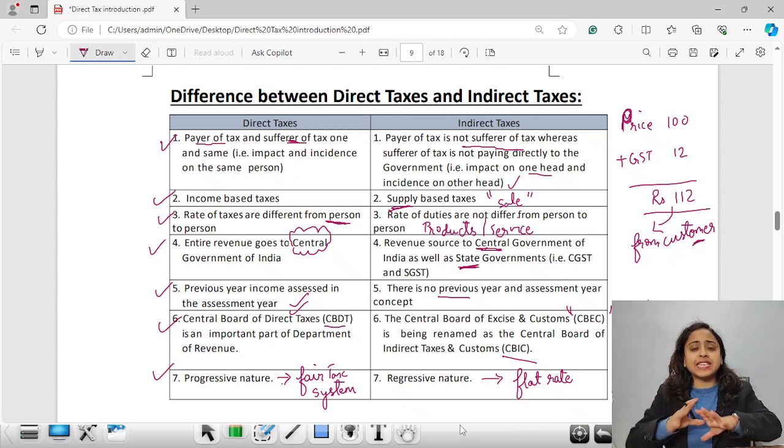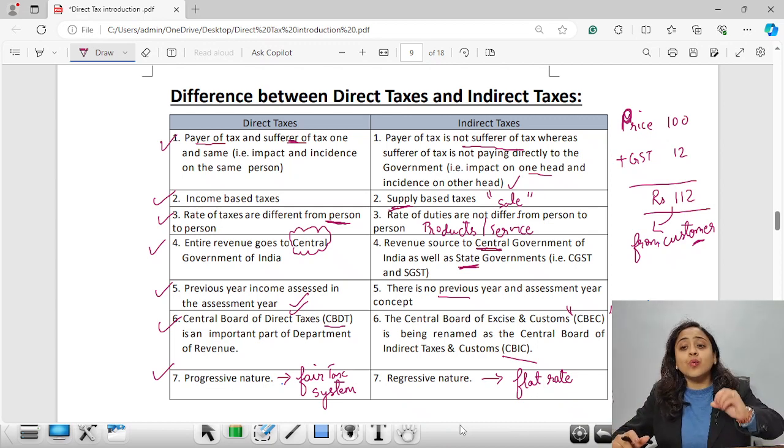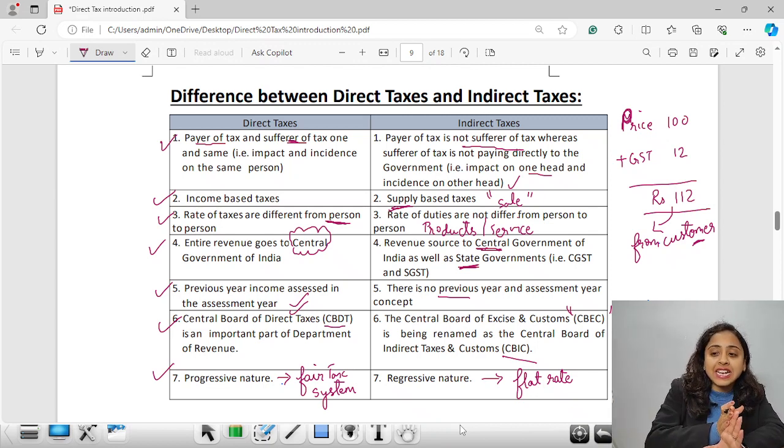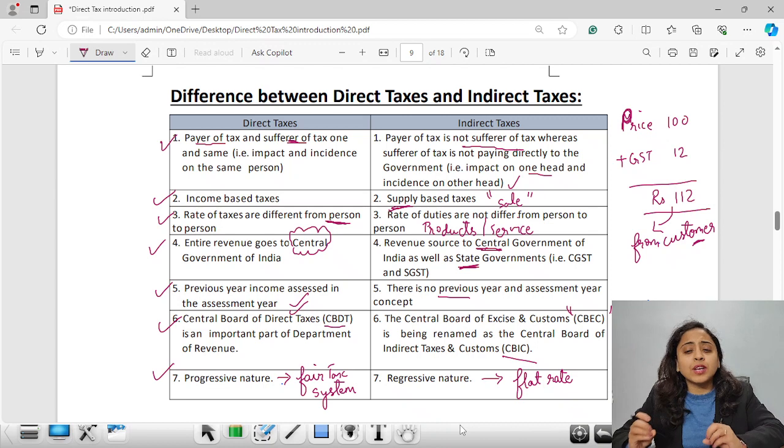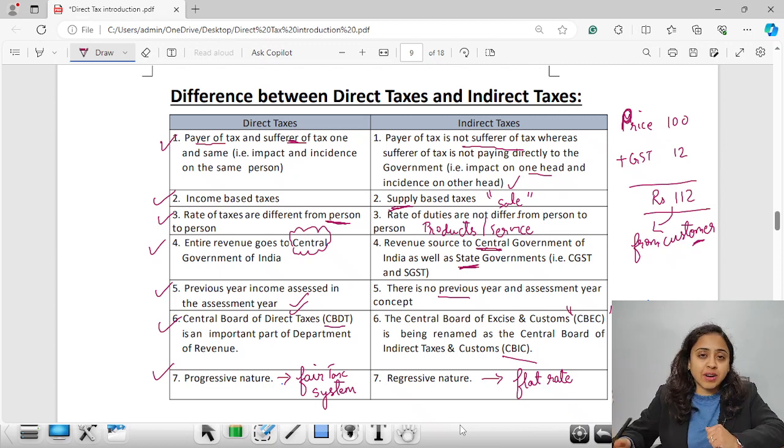This is a very basic tabular format, which is guiding you to answer the differentiation between direct tax and indirect tax. This particular table can be learned, understood, and used for answering any question that is demanded in any particular exam. Okay, and I guarantee you, you will be scoring good marks. For example, in a BCom exam, a differentiation is asked.